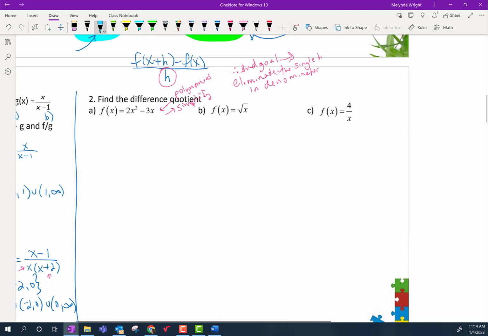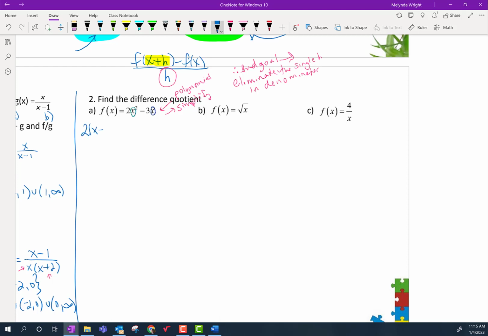All right, so let's focus on this x plus h business, this formula. This is function notation, right? I'm going to open up every place there's an x in my formula, and insert an x plus h. Everywhere there's an x, think of that as a hole, and we're going to slide an x plus h into that hole.